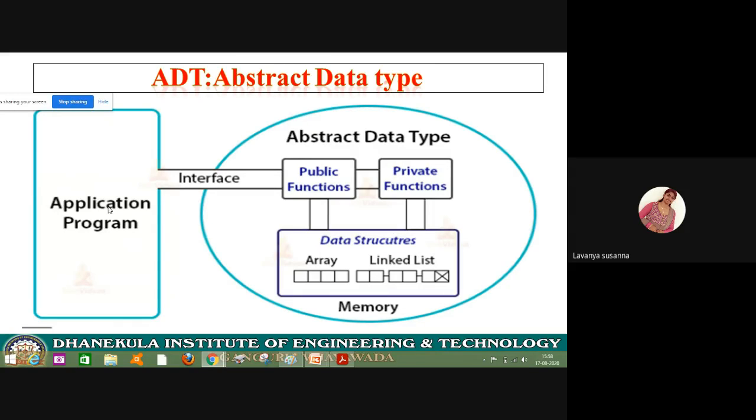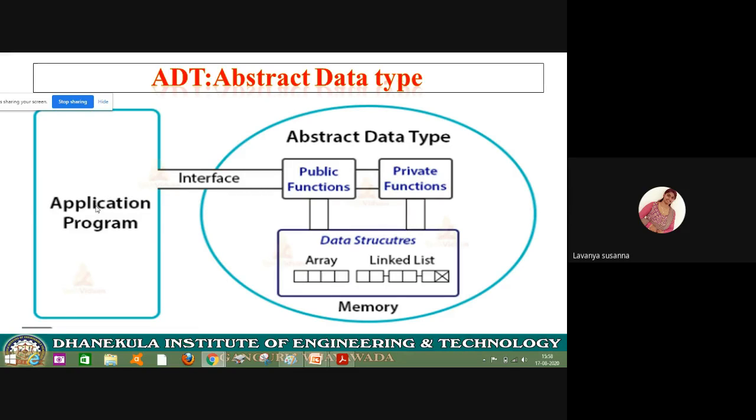Now, your application program is nothing but the program written by the user. How does this program access the data structures, the data? Your program cannot directly access the data which is stored in memory in the data structure.